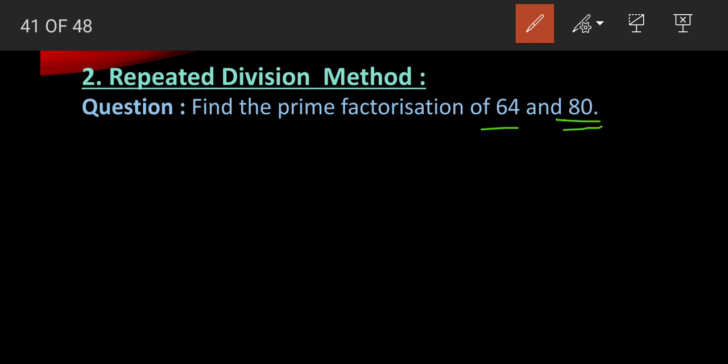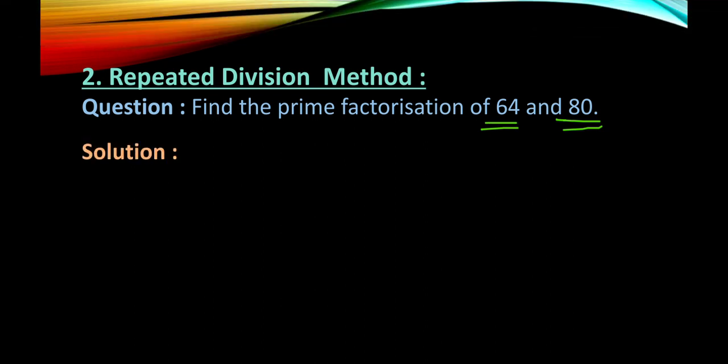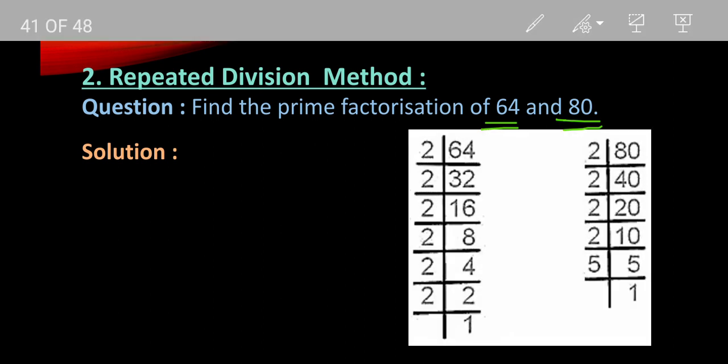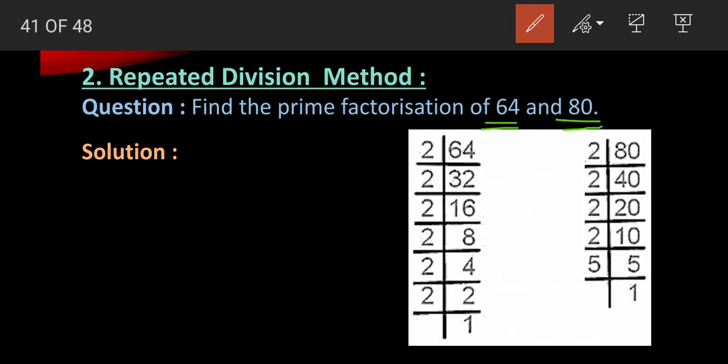First we will calculate the prime factorization of 64. 64 divided by 2 is 32, again divided by 2 is 16, again divided by 2 is 8, again divided by 2 is 4.